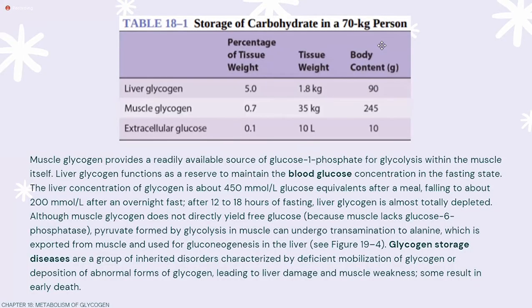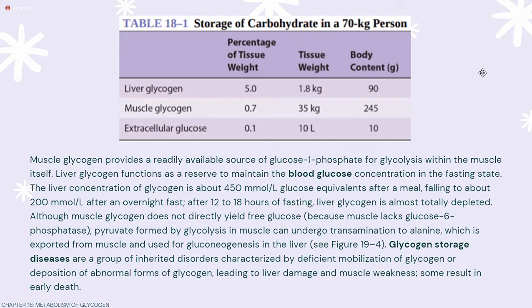So, liver glycogen, muscle glycogen, never mind the extracellular glucose. Liver glycogen percentage of tissue weight is 5. It's very high compared to muscle glycogen, which is only 0.7% by weight.